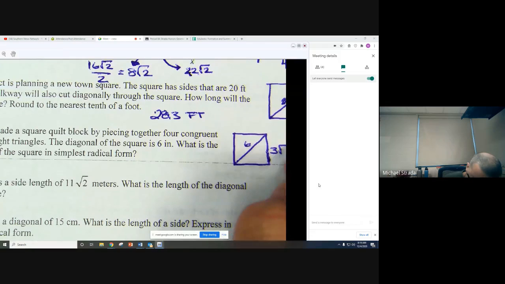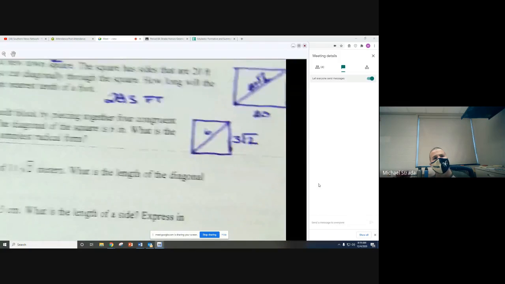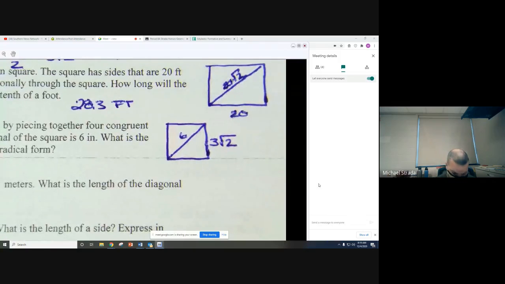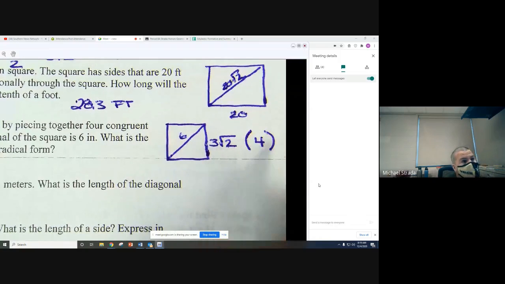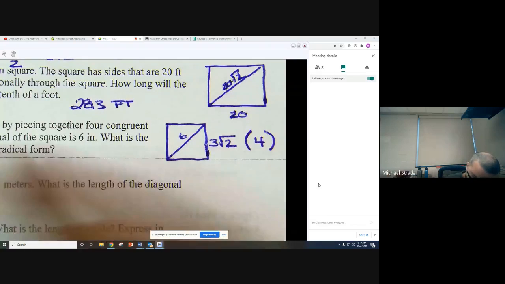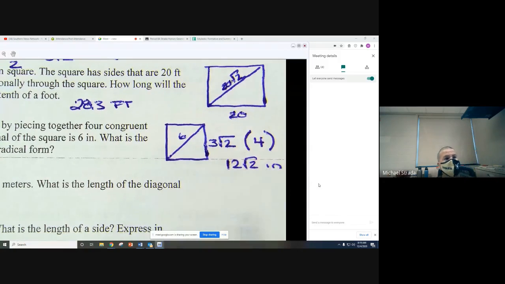And then we put alongside it what? Root 2. It's a square. So one side is 3 root 2. That means they're all going to be 3 root 2. So we can simply multiply by what? 4 to get the perimeter of a square. And then we end up with 12 root 2 inches. All right? So make sure you pay attention to the direction.